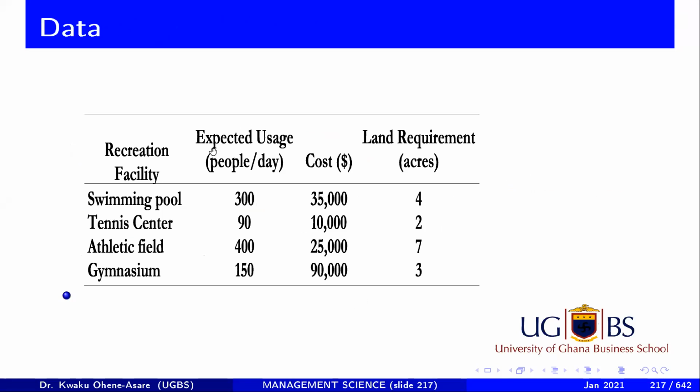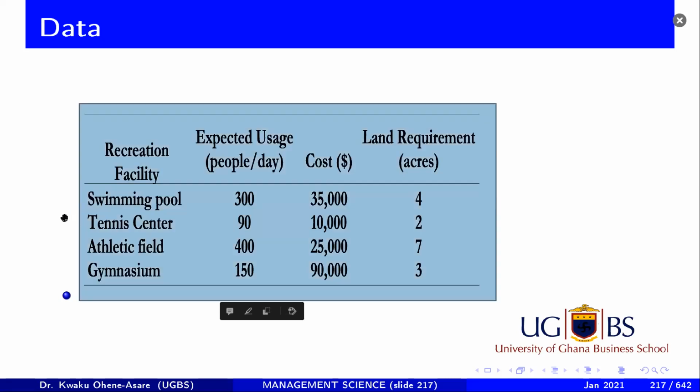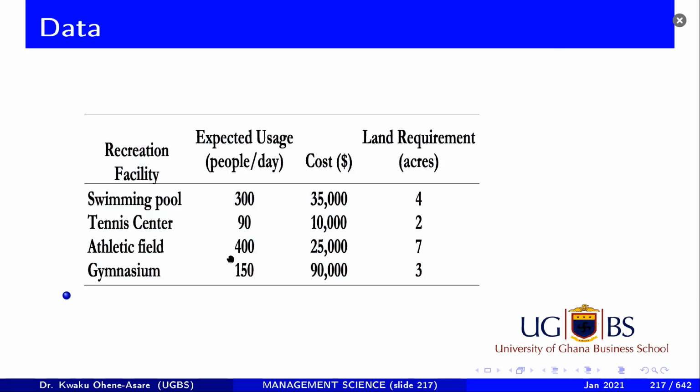So the expected usage per day is this. We are expecting 300 people to use the swimming pool every day. We're expecting 90 people to use the tennis center, 400 people to use the athletic field, and 150 people to use the gymnasium every day.